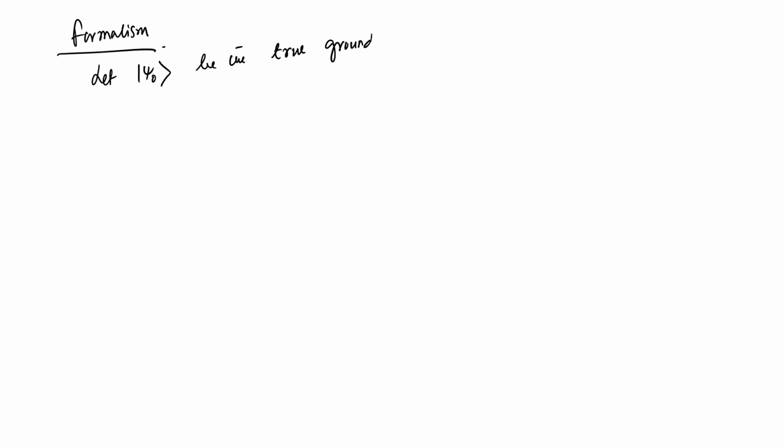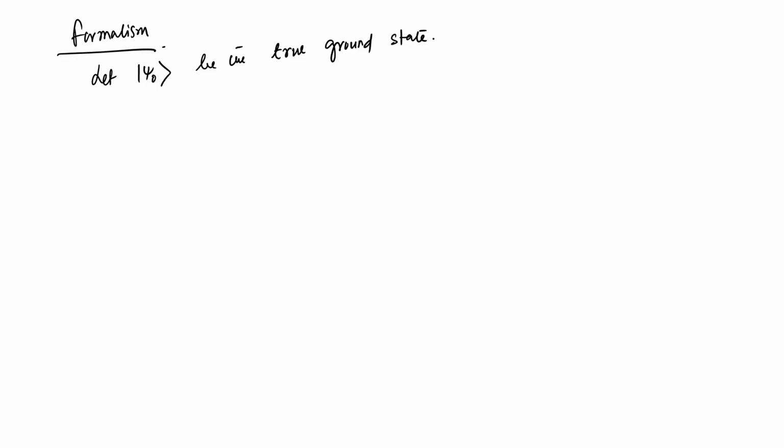We will say many things, this word called true and guess, or true and trial, or true and ansatz. These trial, ansatz, guess, they all mean the same thing, that is we are making an assumption for the wave function that we think is suitable for a given problem. We do not know this psi 0 of course, but let this be the true ground state.